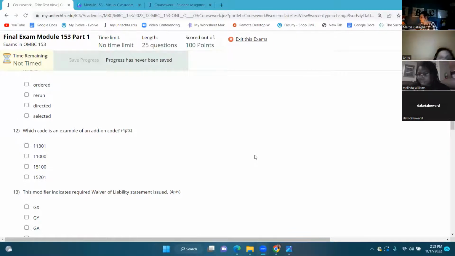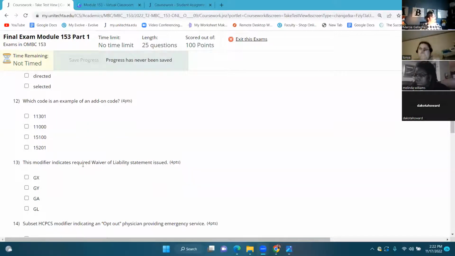If we go into our CPT and look at 15201, it has a plus sign in front of it. So it's an add-on code.